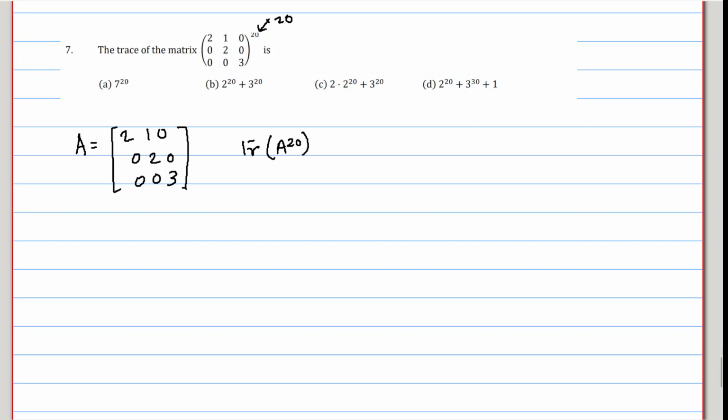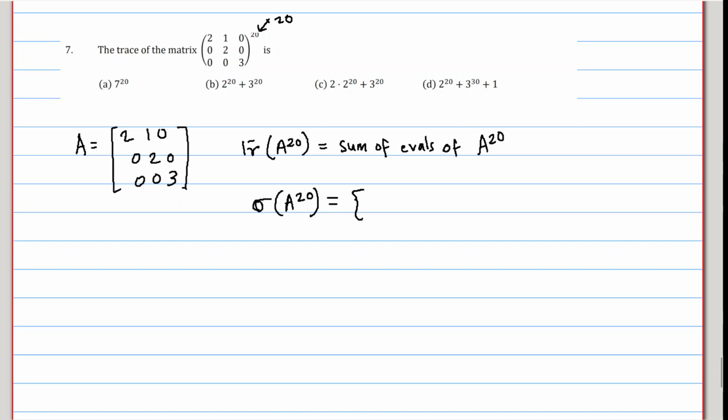So we want to look at the trace of A power 20, right? We know the trace of A power 20 will be the same as the sum of eigenvalues of A power 20, right? So what are the eigenvalues of A power 20? I'll just write sigma of A power 20, the set of all eigenvalues.